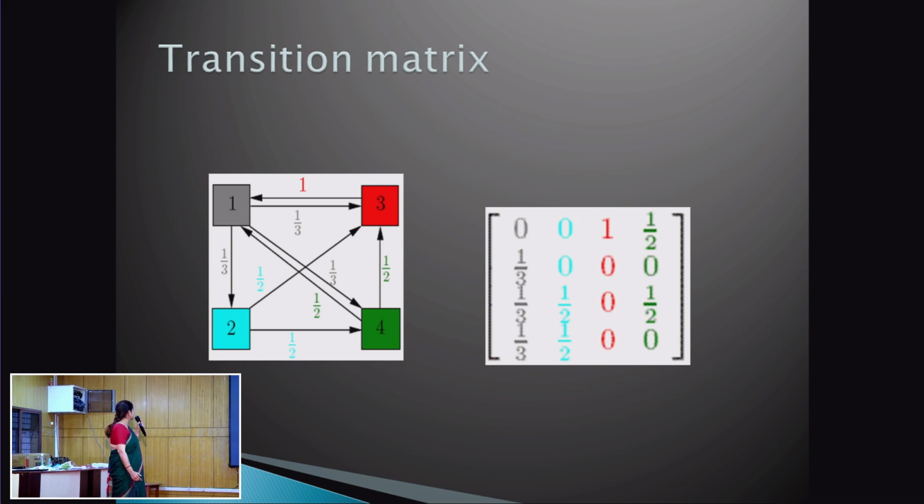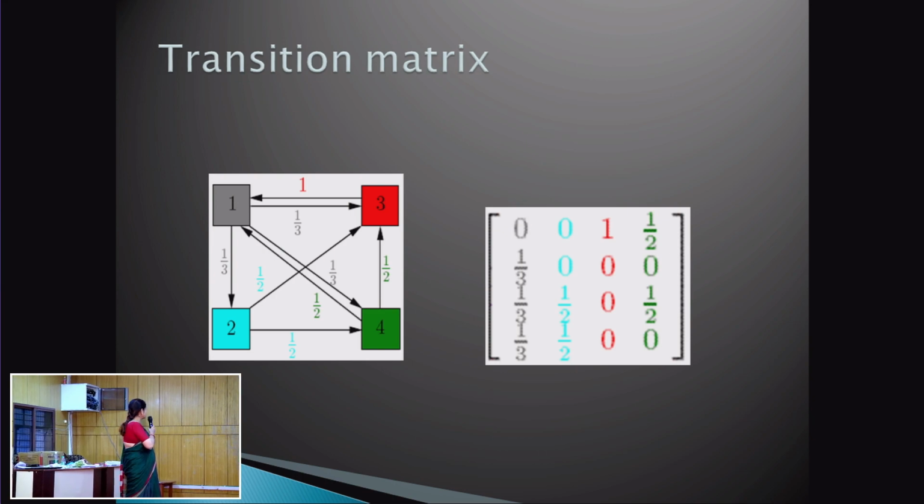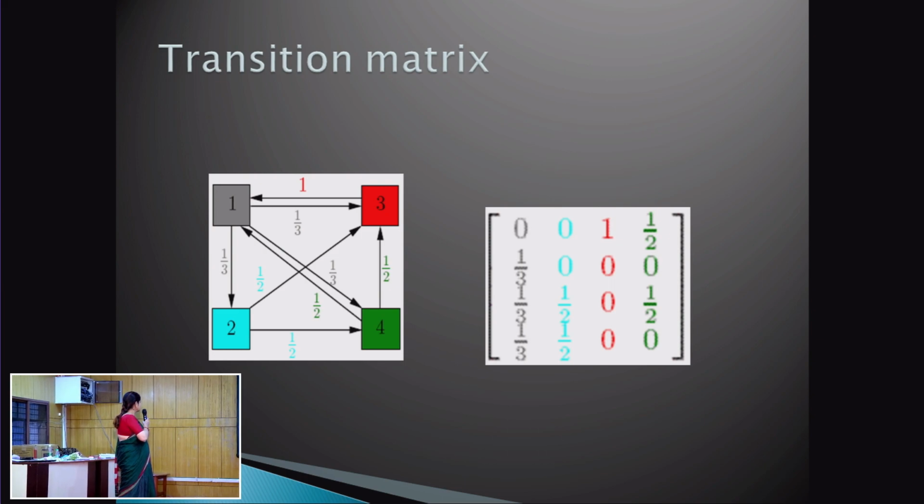From 3 to 1. Okay, website 2 has, is that only from 1 it has? How come? From 3 and from 4 it should have. Oh, okay.